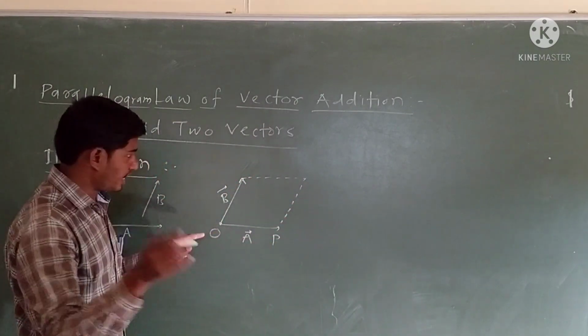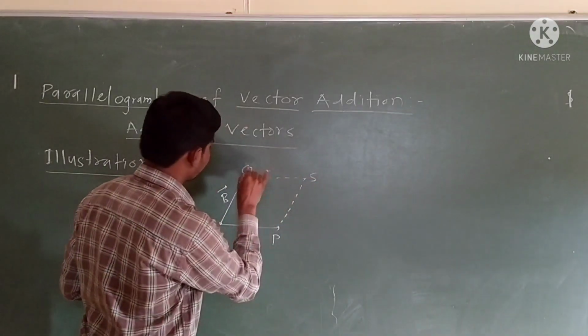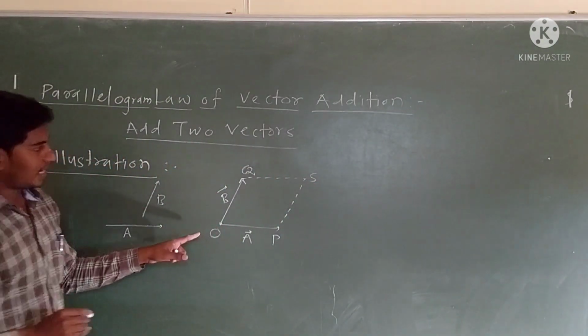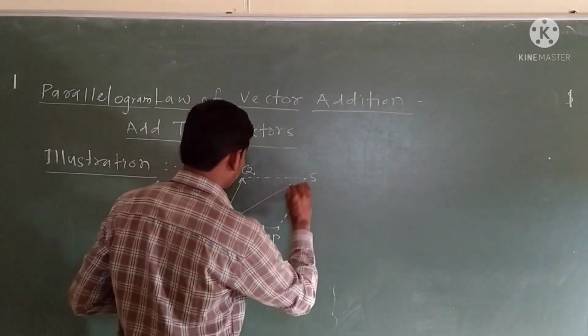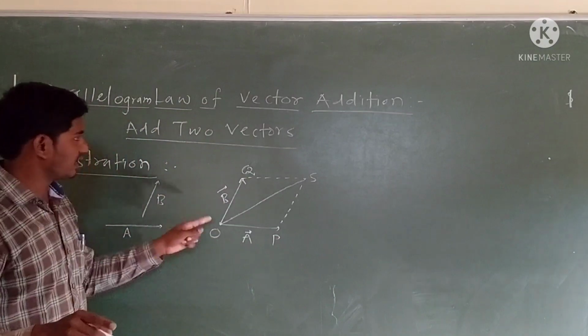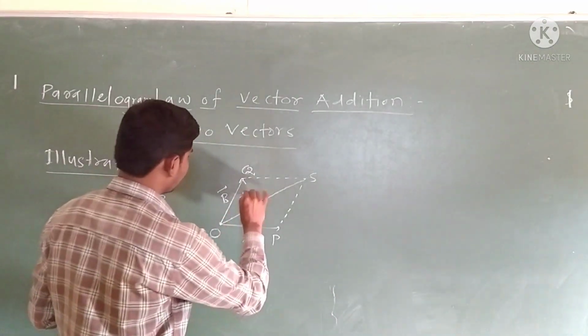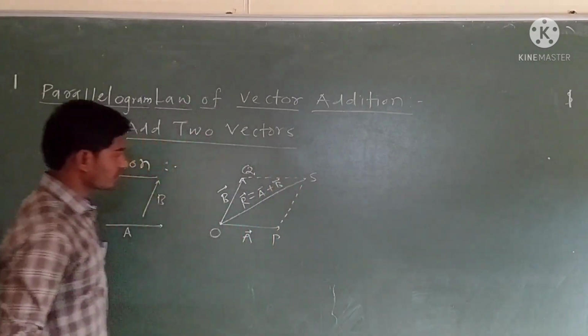I give the name OPSQ to this parallelogram. Now I draw one diagonal of this parallelogram, and this diagonal represents the resultant R, equal to A vector plus B vector.